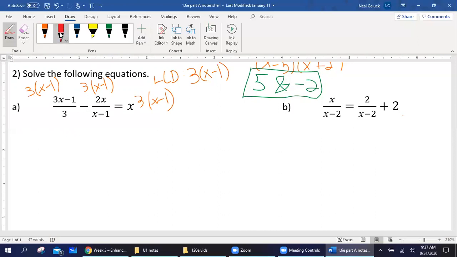So for the first one, I'm looking at this part right here. The 3's would cancel, and I'd be left with x minus 1 times 3x minus 1. You'd have to FOIL that out, and you'll get 3x squared minus 4x plus 1.